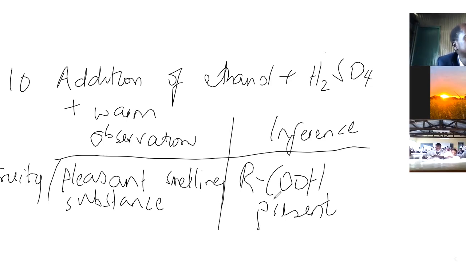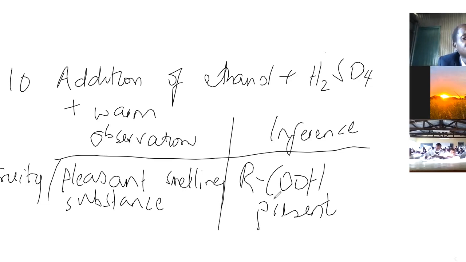Also for the same test number 10, a converse test can be performed. So conversely, addition of ethanoic acid plus sulfuric 6 acid plus warming.